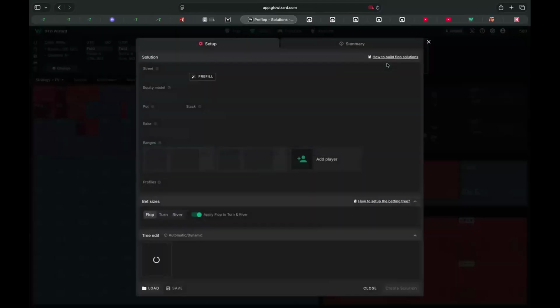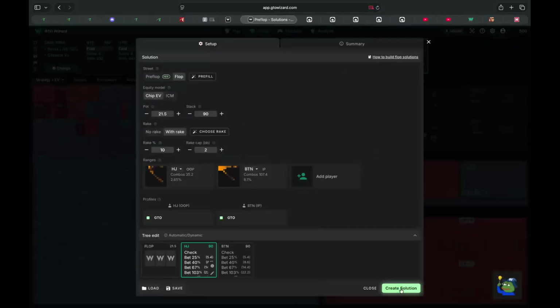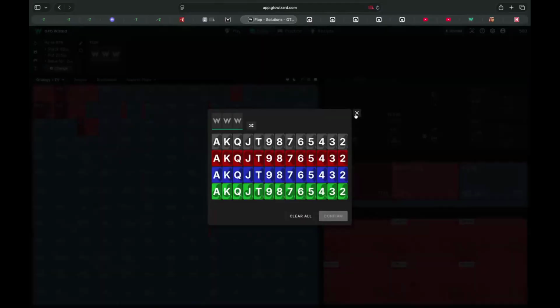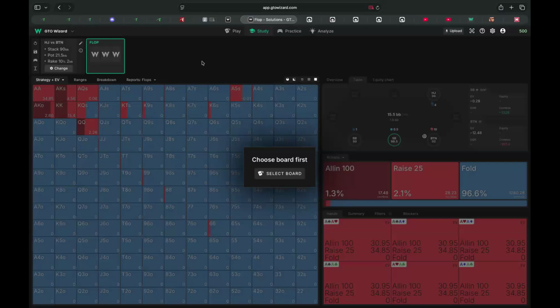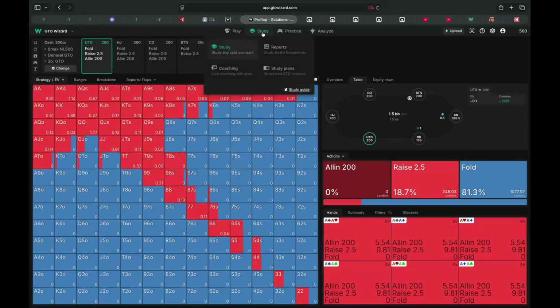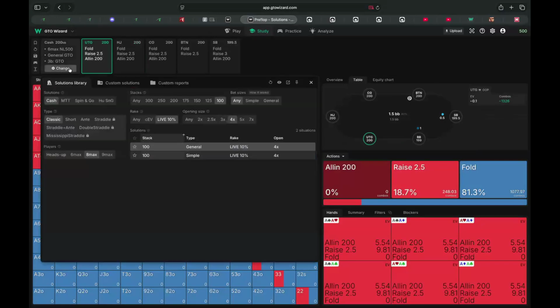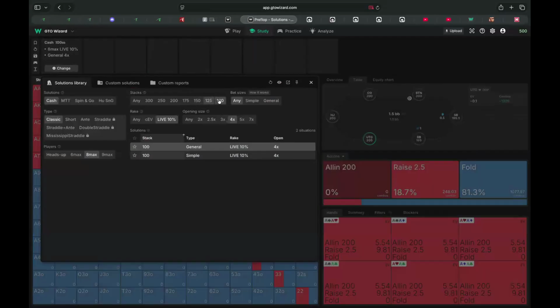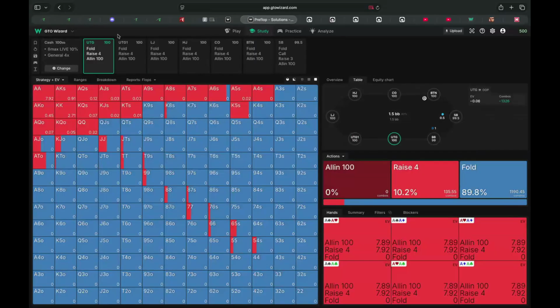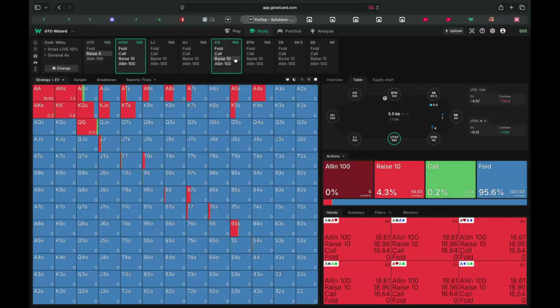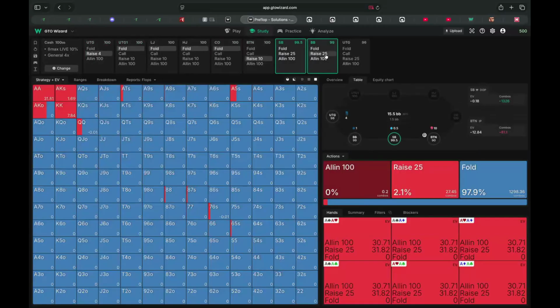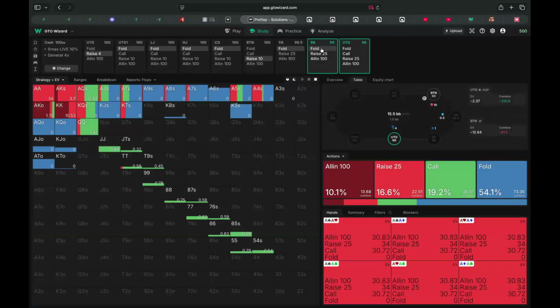He has an under the gun opening range. He should technically, but obviously he has a hijack range. Do you want to give him under the gun open range? It just doesn't really line up because he shouldn't have what he has technically, but it's going to be kind of odd the way everything lines up.